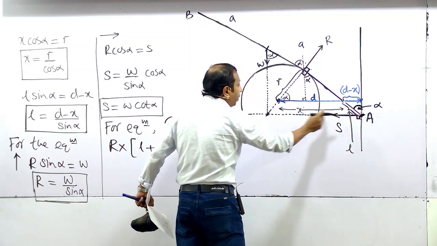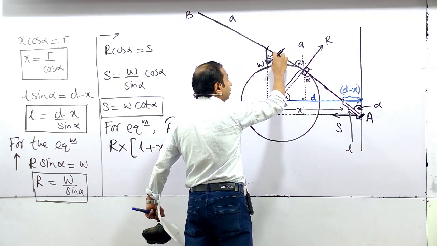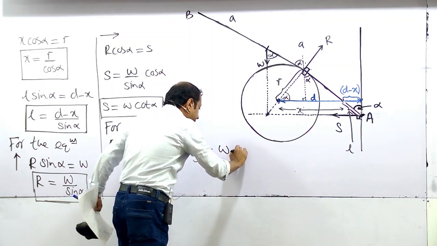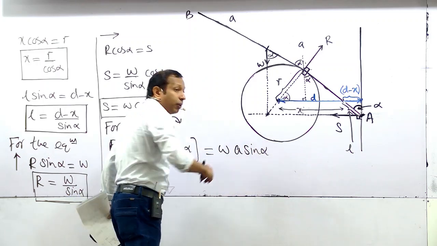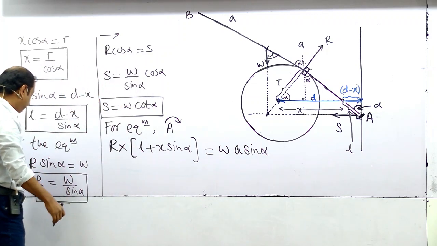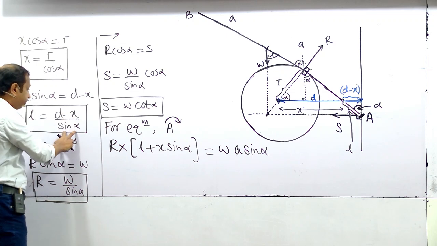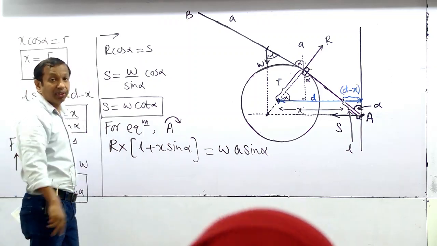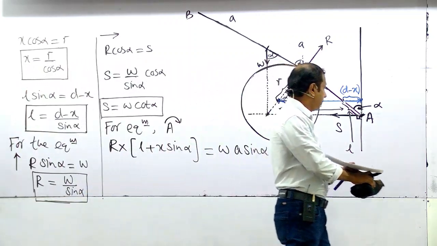Here to here, it's a, this is alpha. Then what is this? a sin alpha. W into a sin alpha. This is all, people. Now substitute for what? L by this, and x sin alpha. And substitute R. Keep simplifying. You get the answer. Hurry up.